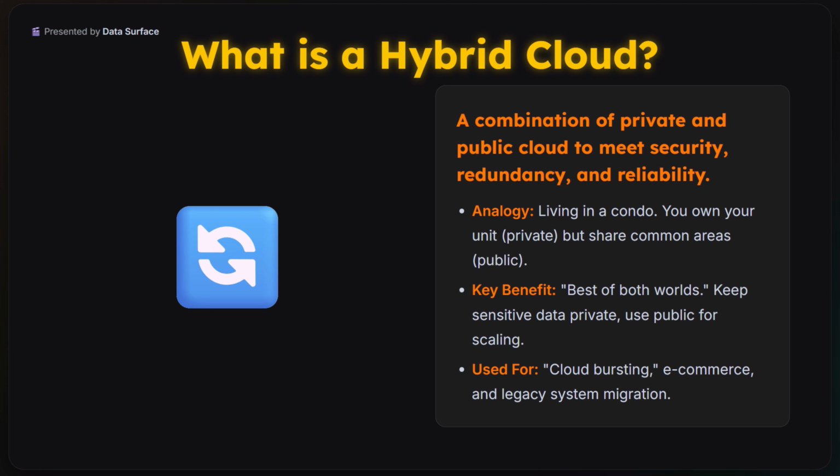You have your own car, that's your private cloud, ready for secure private trips, but you can also hop on the city bus, the public cloud, when you need to scale up or save on costs. The key benefit is you get the best of both worlds, security for your data and scalability when you need it. Used for cloud bursting, e-commerce and legacy systems migrations.